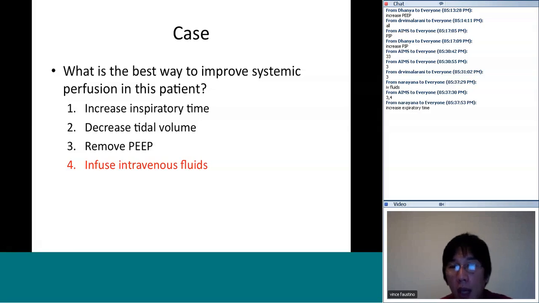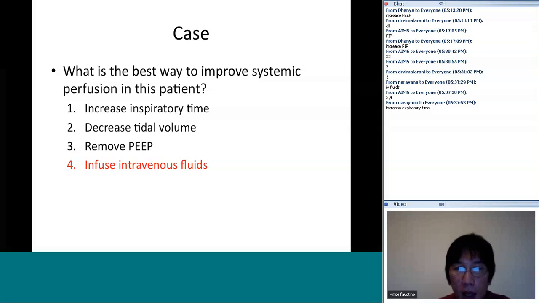What may happen is, if you decrease your tidal volume, you actually increase your acidosis, and that's much harder for the right ventricle. And third, the reason why removing PEEP is wrong is because you have a clinical reason why you want to go up on your PEEP, because of your oxygenation issues. So removing PEEP, while it may help your blood pressure, may actually be bad for the patient overall. So the best answer for this question is infuse intravenous fluid.